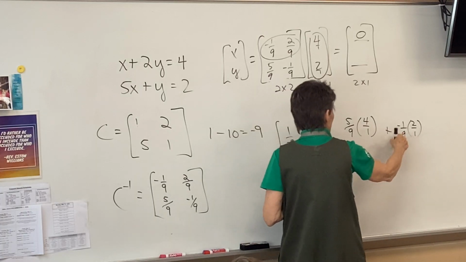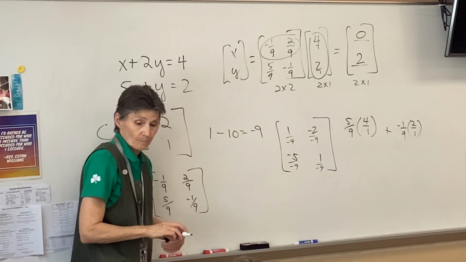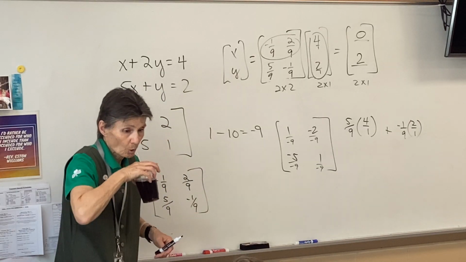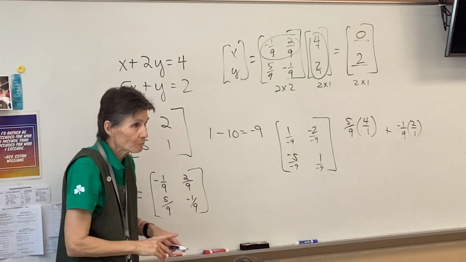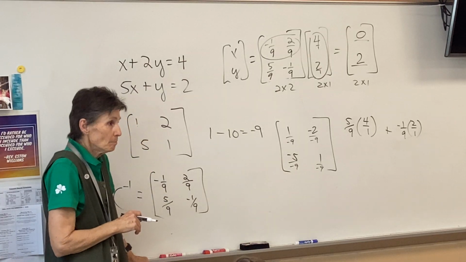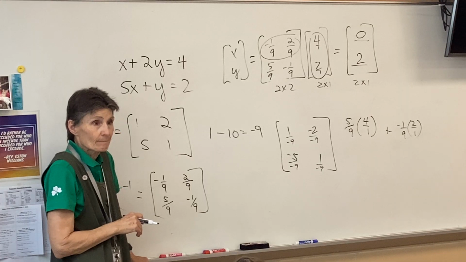So 20 minus 2 is 18, so y is 2. Okay? We good?